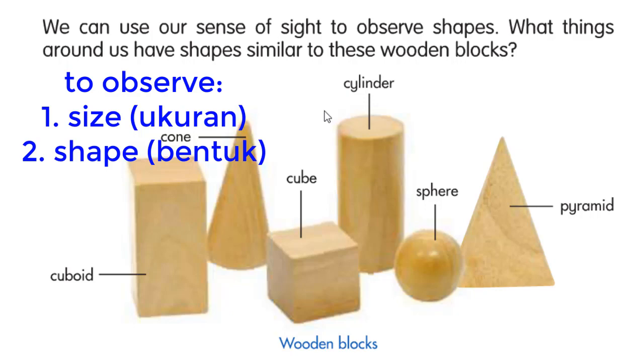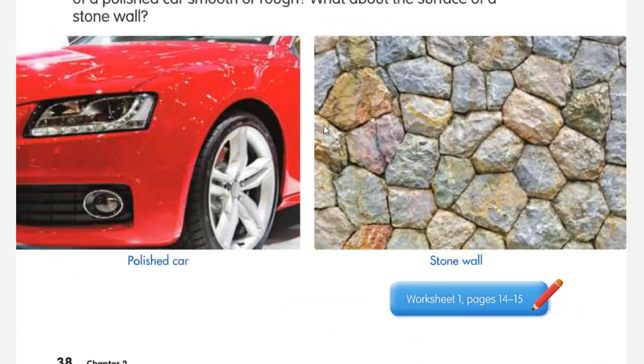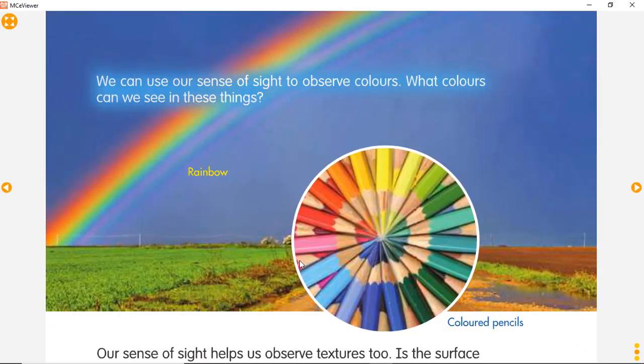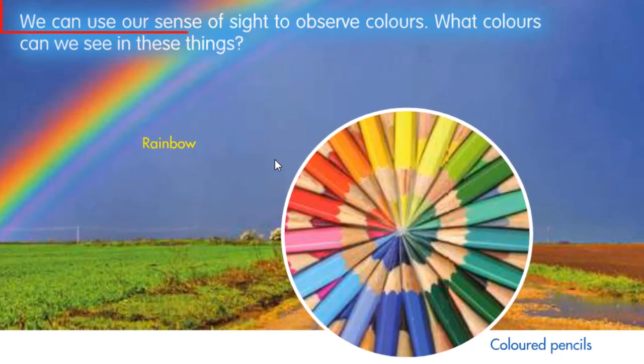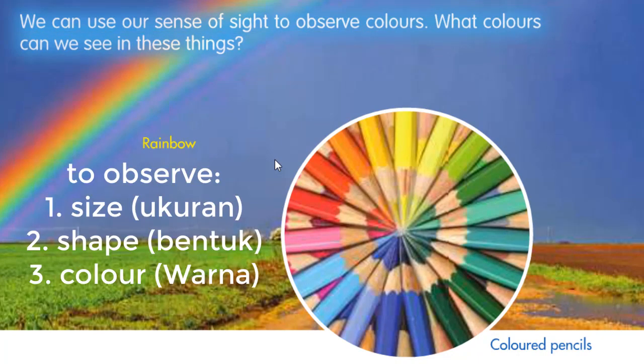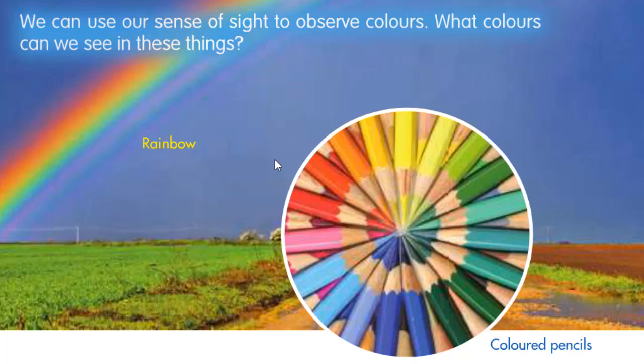Okay. Next, open the next picture on page 38. Yang ketiga, we can use our sense of sight to observe colors. Udah size, udah shapes, yang ketiga ada colors. Kita bisa mengamati colors atau warna dari mata kita. Coba lihat di sini ada colored pencils.